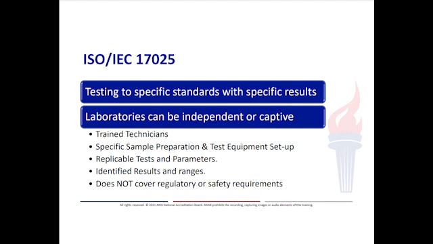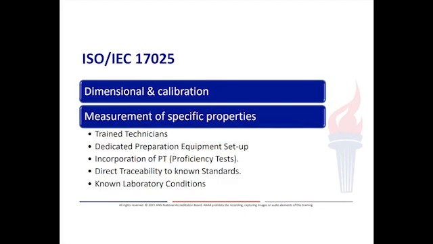You're looking specifically at the test results, the dimensional results, the calibration results. In addition, with the dimensional and calibration, you're looking at the measurement of specific properties, whether that be length, operation, etc. Again, you're going to have trained technicians, you're going to have dedicated preparation of the equipment and setup.